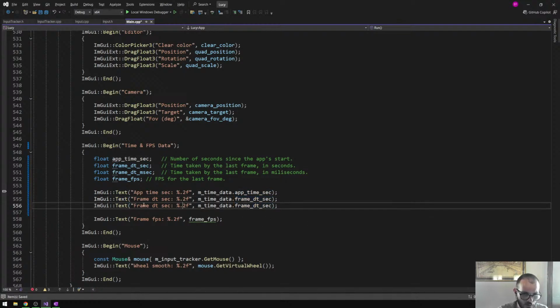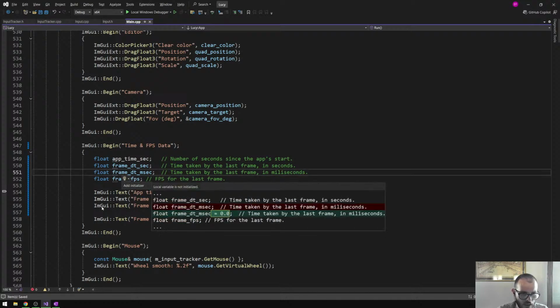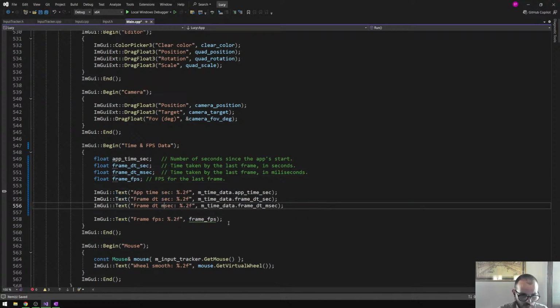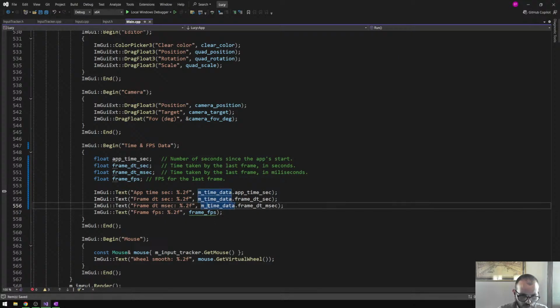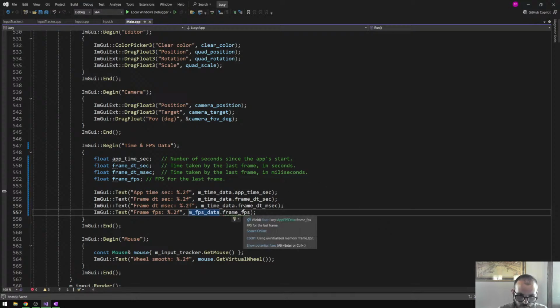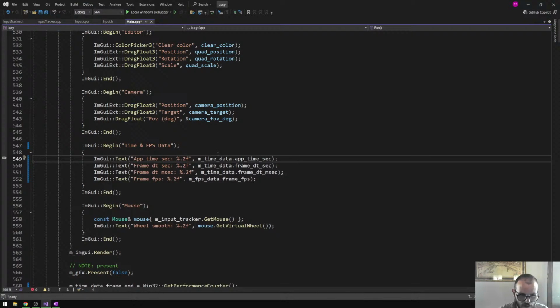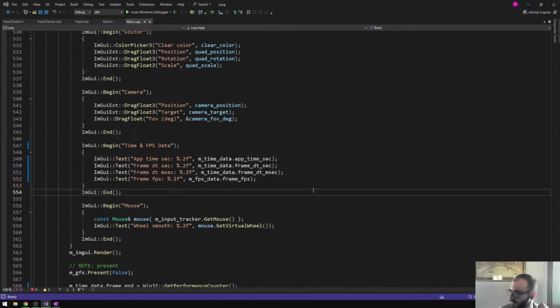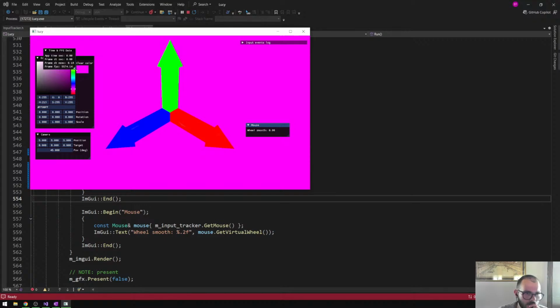Then we have the frame delta time in milliseconds, something like that. And then we have the frame FPS, which is m FPS data. Let's go. So we can see.